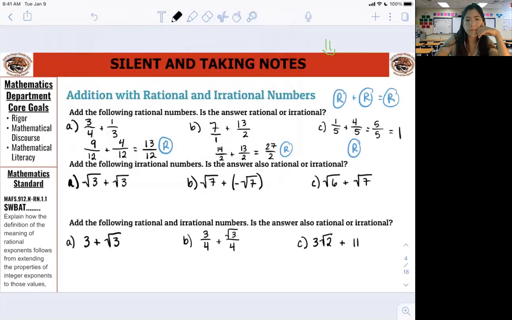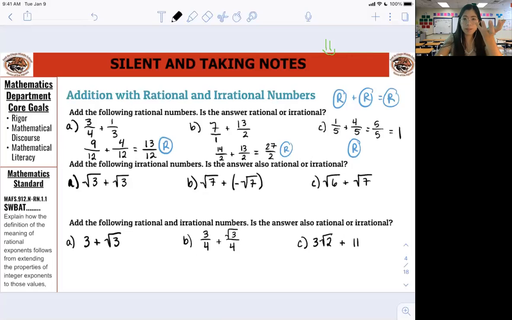It's irrational? Yeah, that's still going to be irrational because let's think about it. This is a non-repeating infinite decimal. Then you have another non-repeating infinite decimal. When you add them together, you're still going to have a non-repeating infinite decimal.